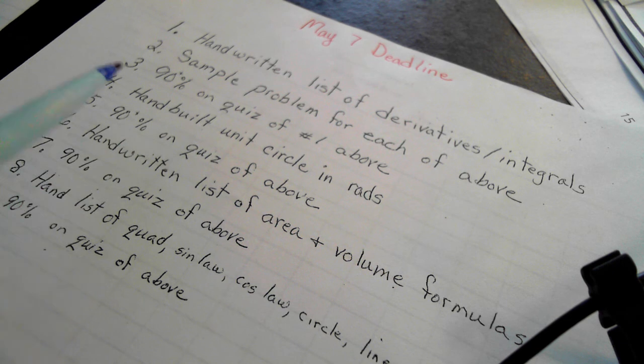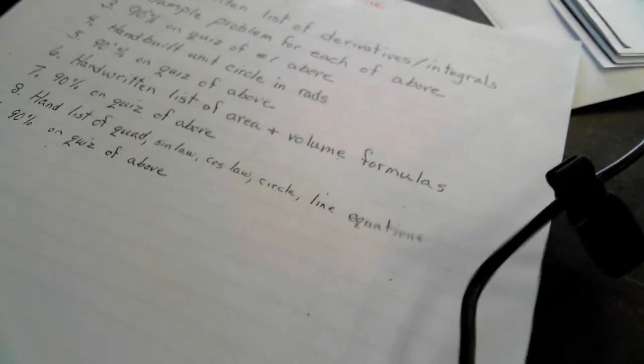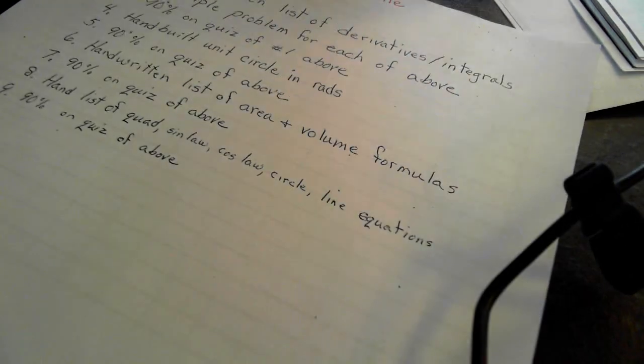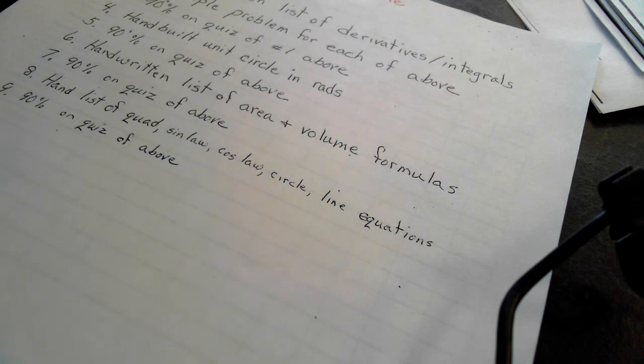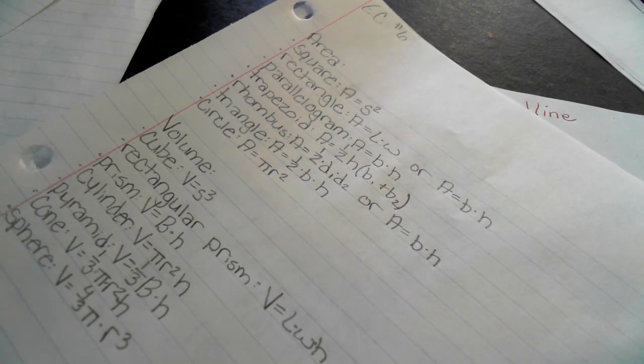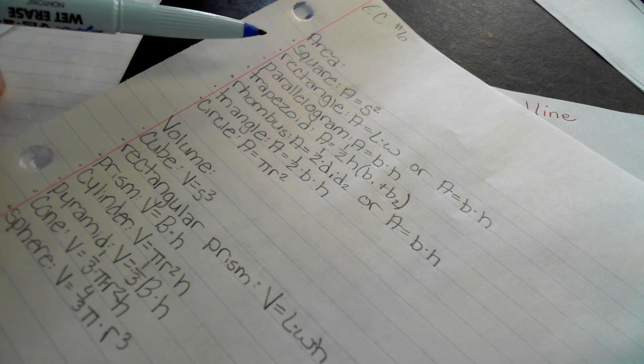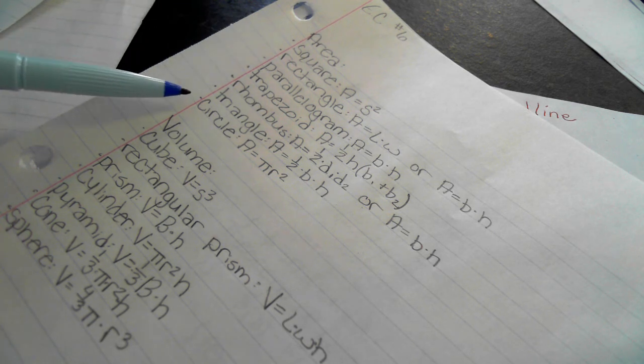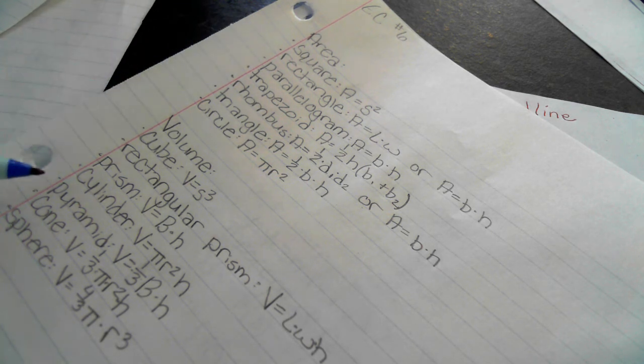But that's another point. Then there's a list of area and volume formulas. You kind of need these sometimes within another calculus problem. So the areas of all the shapes like square, rectangle, parallelogram, trapezoid, rhombus, triangle, circle, and the volumes of the 3D shapes.